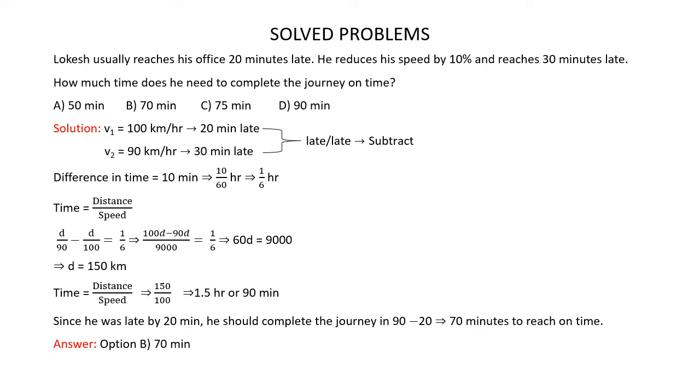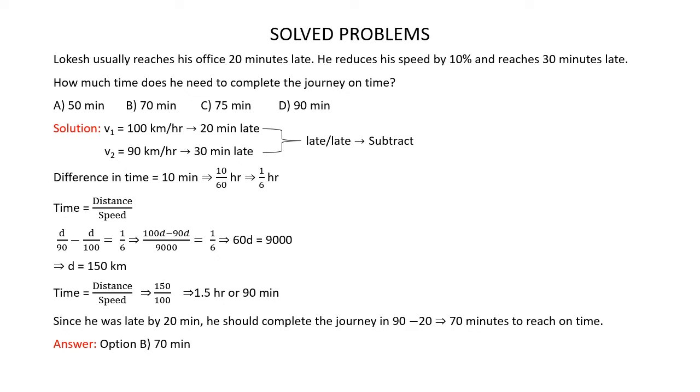Now we know that the distance is 150 kilometers and his usual speed is 100 kilometers per hour. So time is equal to distance divided by speed, which is 150 divided by 100, which is nothing but 1.5 hours or 90 minutes.